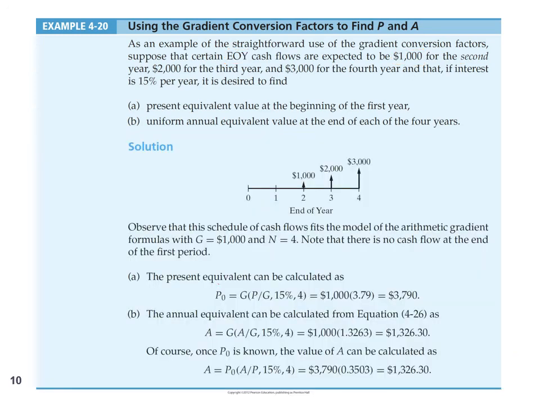So for the first part, when you multiply this factor with the gradient series, you can find this solution. For the second one, you can find the solution using this factor. Simply multiply this one by this and you will obtain this result. Or as I told you, instead of using this factor, you can use this present value that you found over here and just convert that value with this A given P factor, and you will obtain exactly the same result.